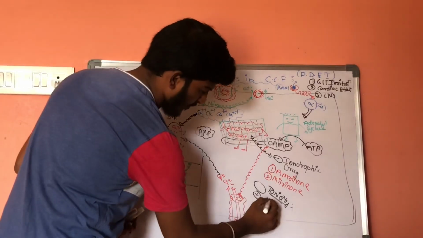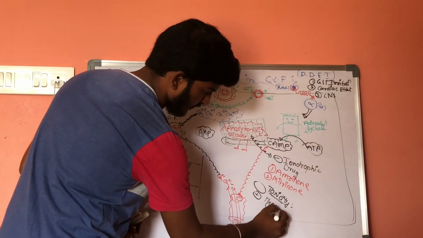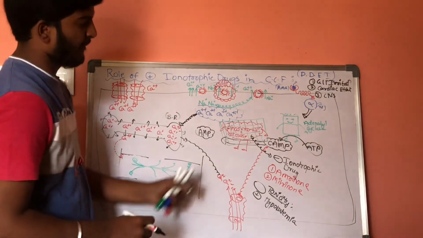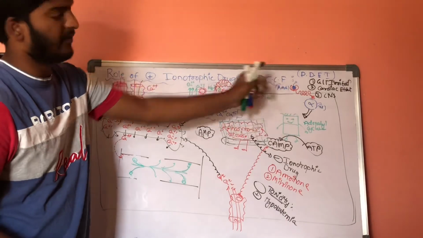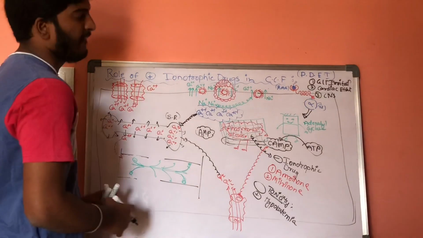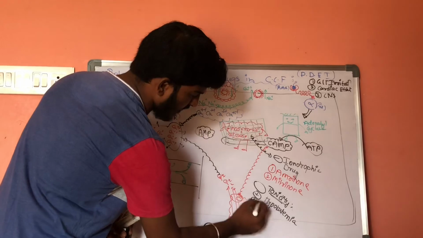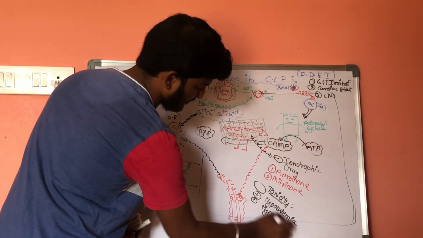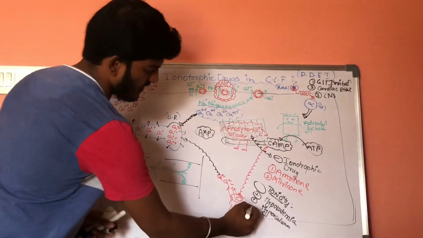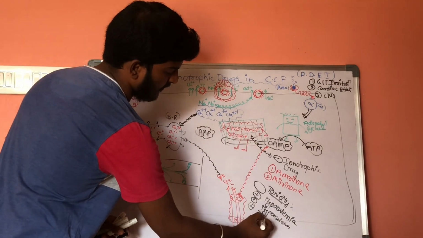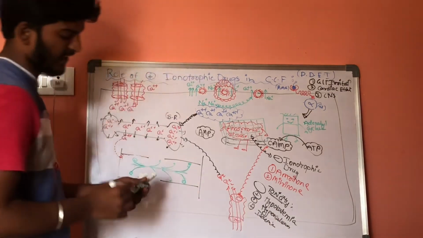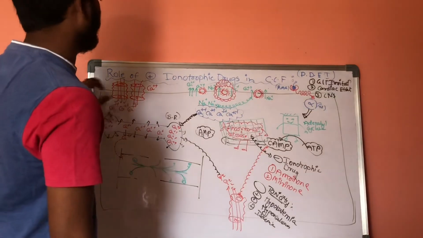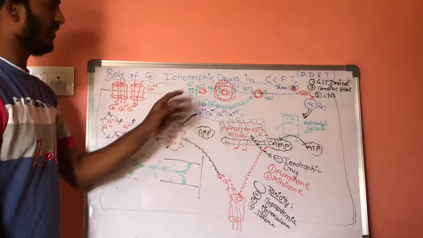If there is a decrease of potassium ions, then calcium will compete with digitalis. It results in drug toxicity. And the second one is hypercalcemia. And the third one is ischemia. These are the three conditions which result in drug toxicity. In this way, these are the positive inotropic drugs which are used in congestive cardiac failure.